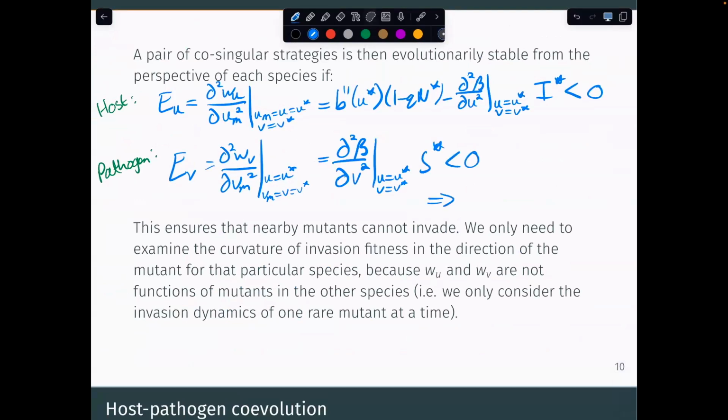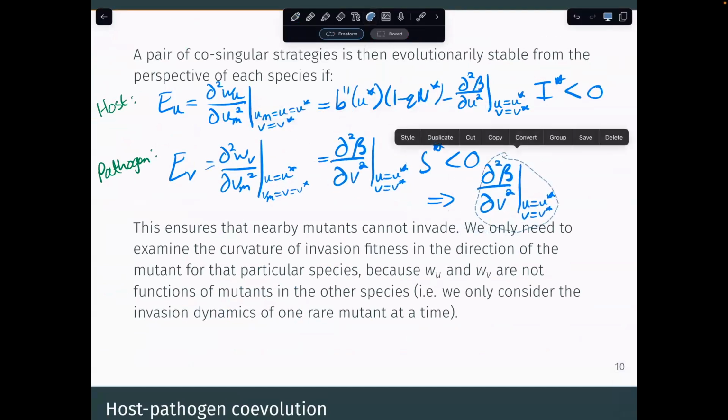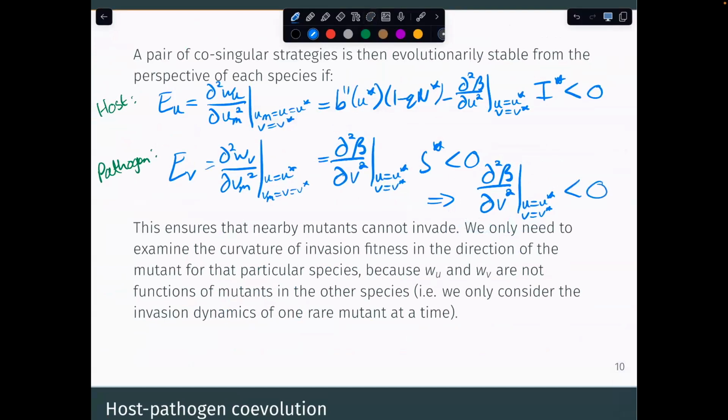Just like before, this tells us that our curvature at a co-singular strategy has to be negative. So you asked a moment ago, how do we know it's a maximum? This is how we know, because it follows through once we take the second order derivatives. We can never have a co-singular strategy unless our pathogen's transmission function is at a maximum.